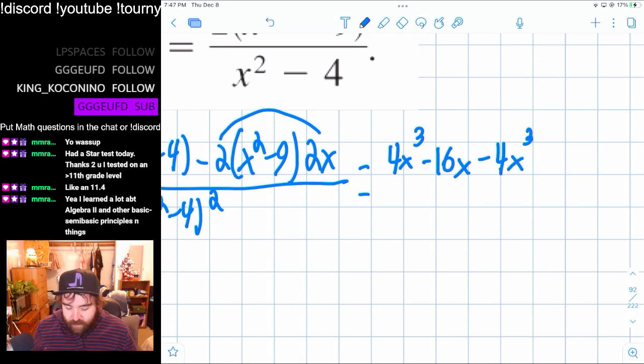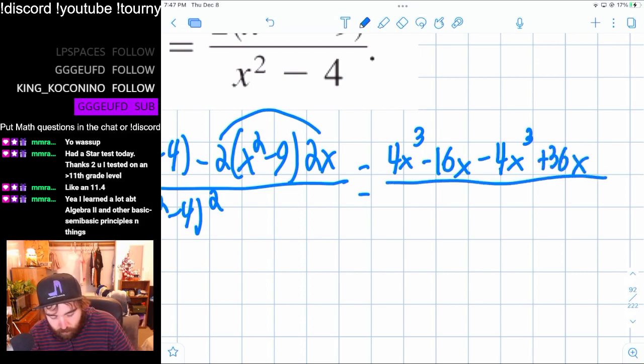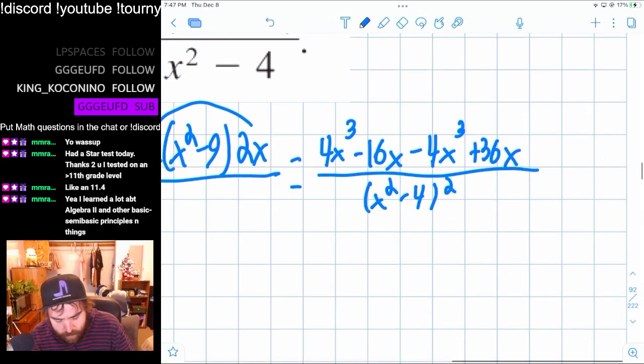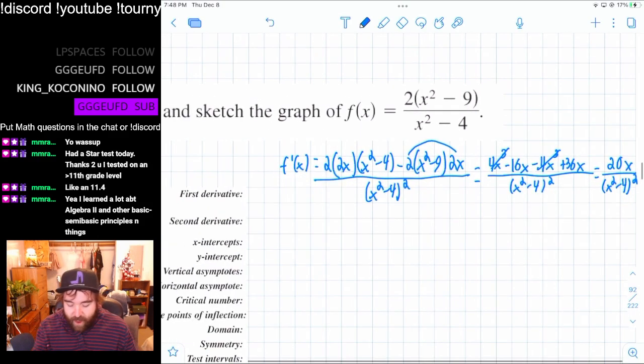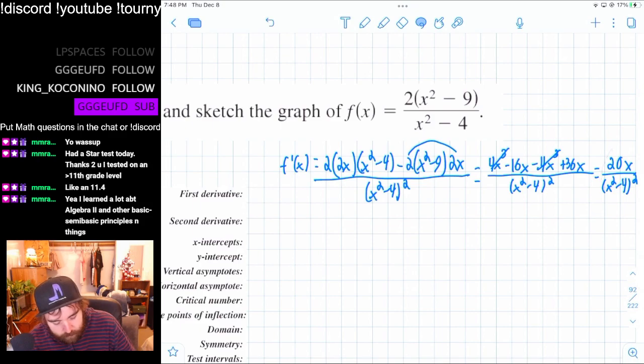And then 4 times 9 is 36, plus 36x over all of that. So the all of that's not going to end up going anywhere. But everything on the top, look, the other ones combined. So it's 20x over x squared minus 4, squared. That is the first derivative.